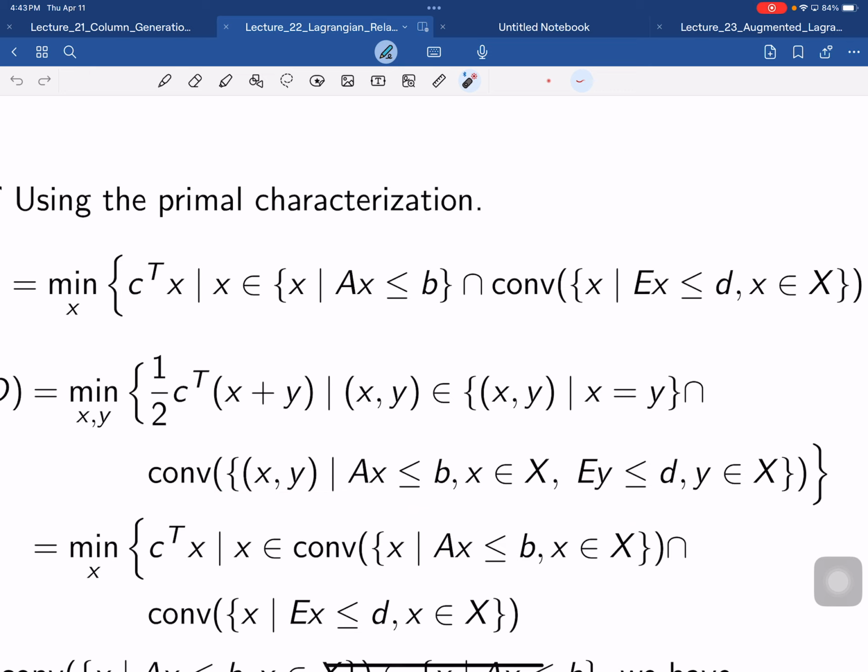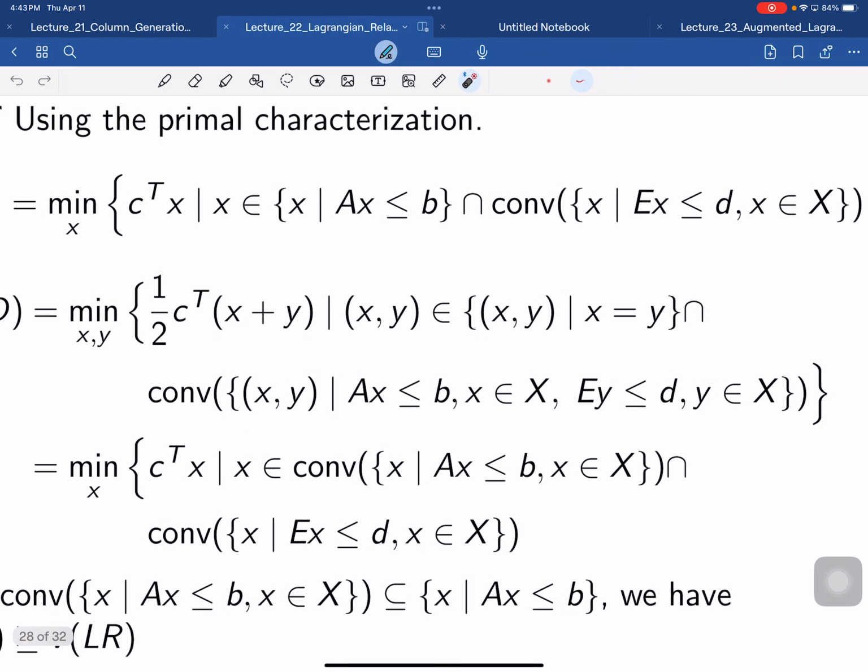But now if you intersect this set with x equals to y, that is equivalent to you take the convex hull of the constraints equals to x and the convex hull of the constraints equals to y respectively. But since x equal to y, you can just write them as both with respect to variable x, right?